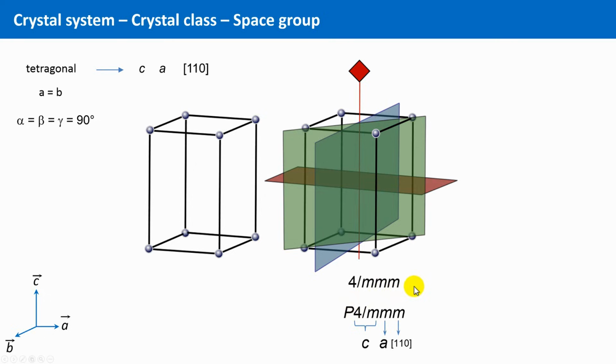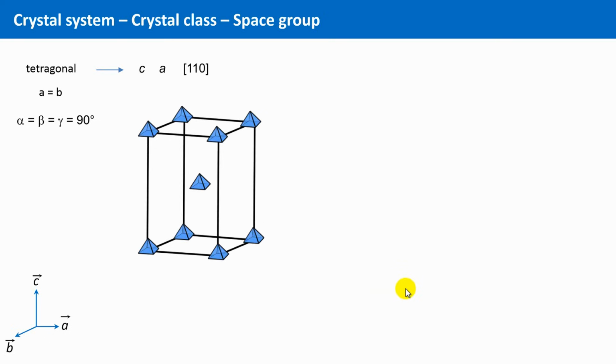But now let's have a look at a crystal with a different motif. Here, instead of atoms or spheres, tetragonal pyramids are present. And additionally, this motif is present also in the center of the cell. Can you derive the space group and the crystal class? Think for a while. Pause the video for a moment if you want.